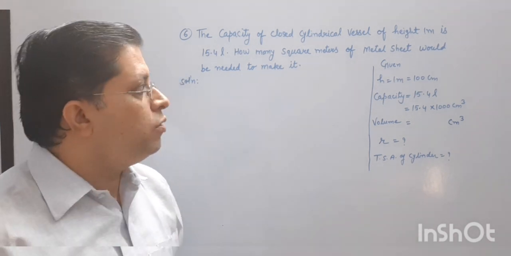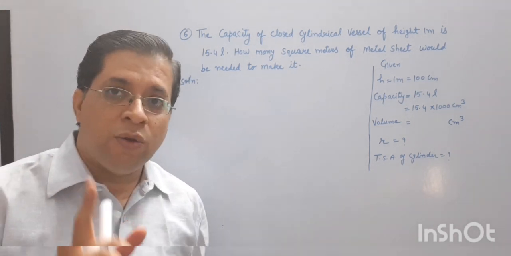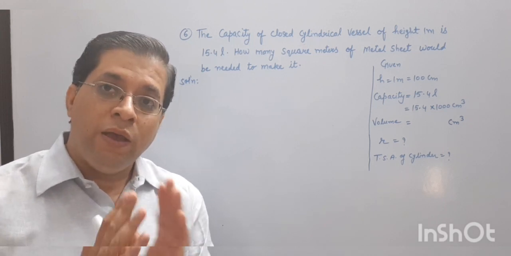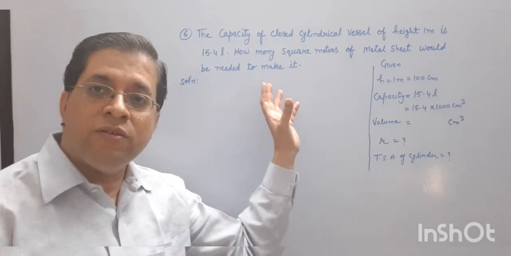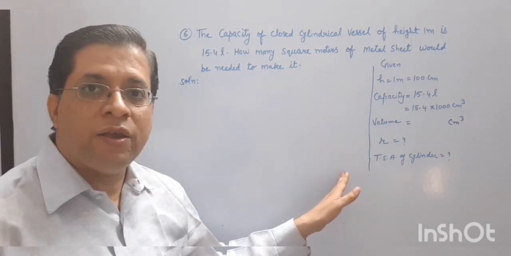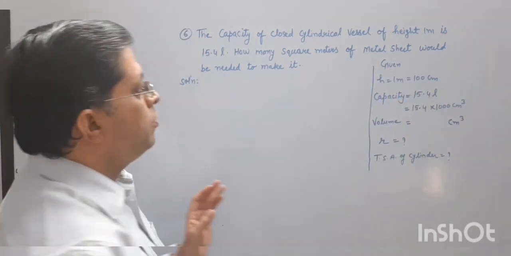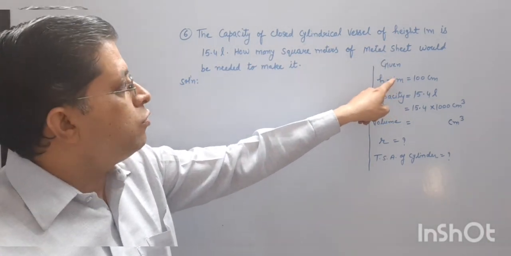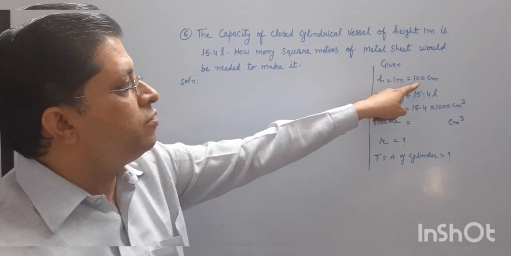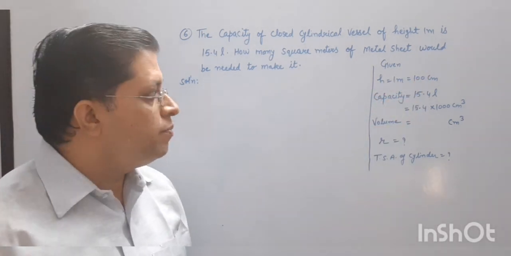Now come on, what is given? Earlier I told you in the previous question, in this exercise, in this chapter, you have to see what things are given to you. You write them on the right hand side. The height is given to you as 1 meter. Because all things are here, I am converting this meter into centimeters.